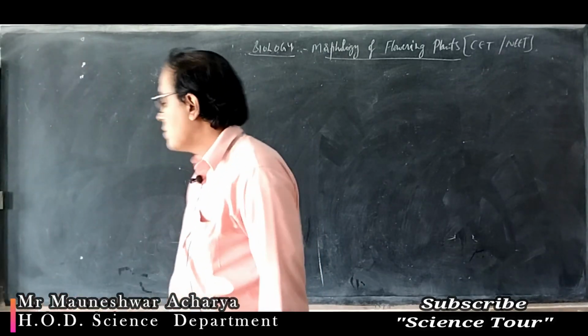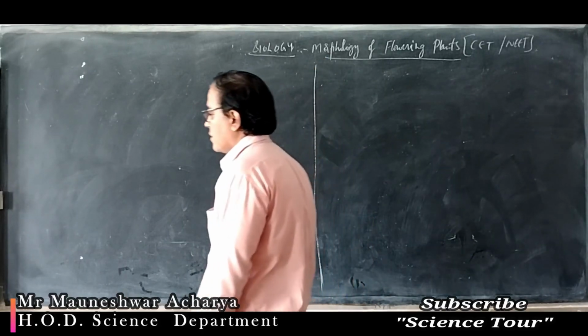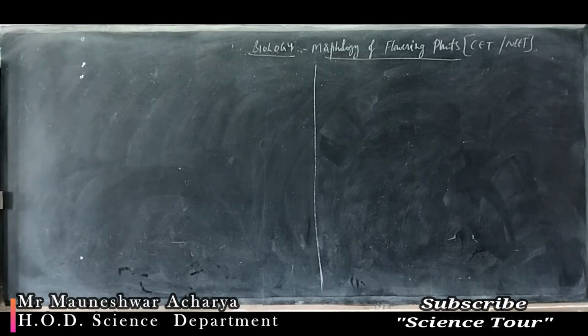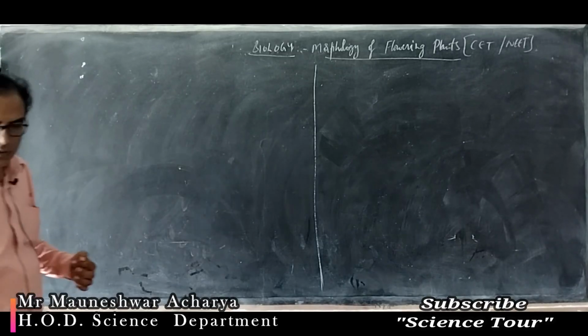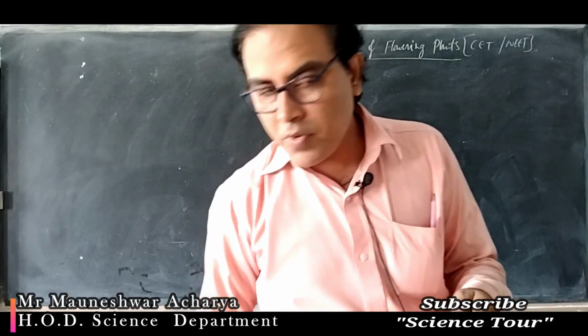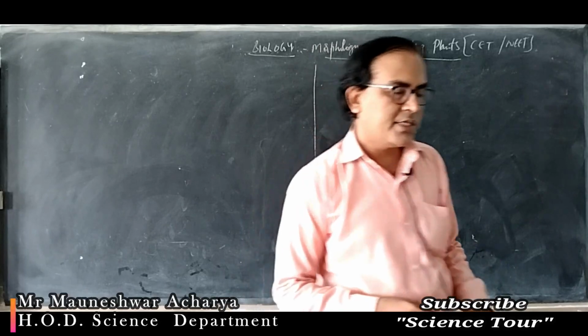We have to solve the questions under the worksheet for this particular topic. So note down the important points which I have written on the board and also take my lecture notes.